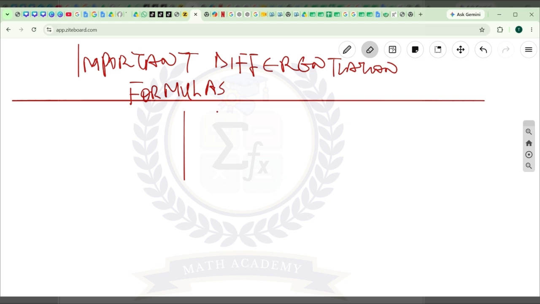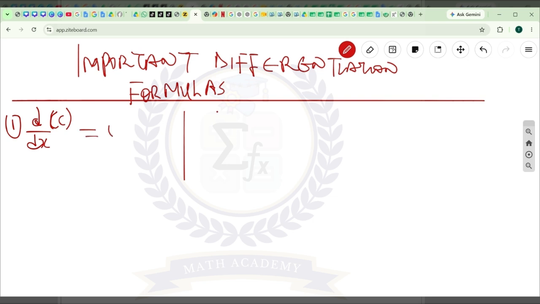Welcome back. So number one formula we're looking at is when you are differentiating a constant. When you're differentiating a constant with respect to x, or with respect to anything you're differentiating to, when you differentiate the constant c, you get 0.